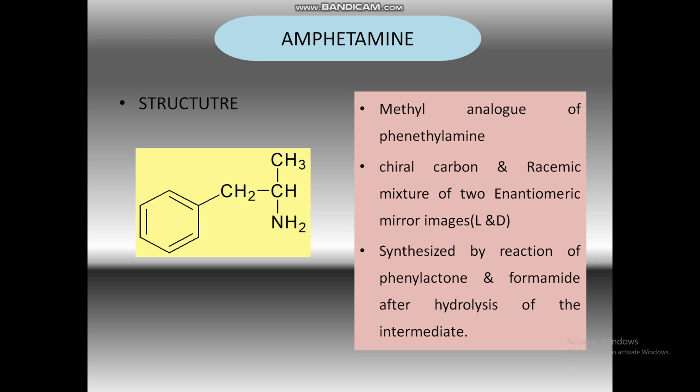Amphetamine is synthesized by the reaction of phenylacetone and formamide, with hydrolysis of the intermediate. The intermediate, N-formylamphetamine, is catalyzed by hydrochloric acid to produce amphetamine.